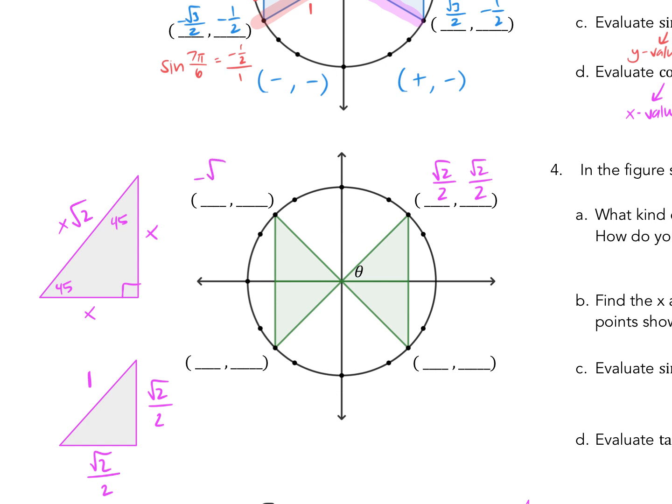This is going to be a negative square root of 2 over 2 and a positive. And then these will both be negative. And then I'll have a positive and a negative. Okay, so can we already see a lot of patterns going on here in those 4 triangles for each set of these circles that we have?